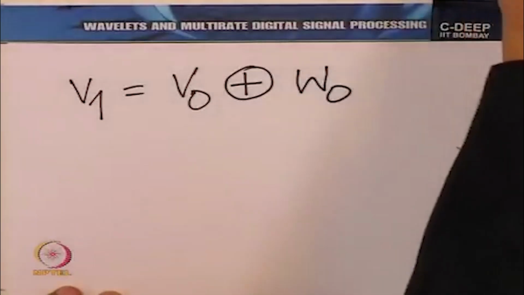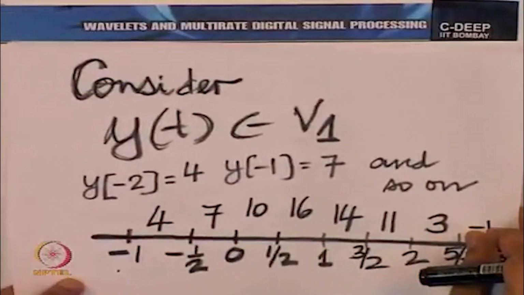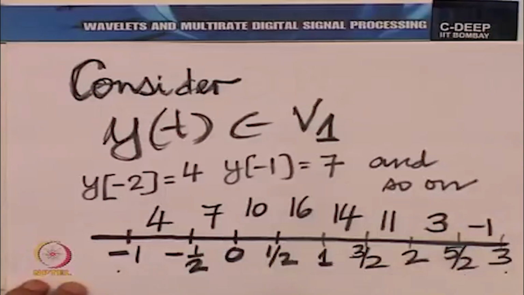So, for example, if we go back to this function which we were discussing a couple of minutes before, what we would now need to do is to take each standard unit interval. So, for example, the interval minus 1 to 0, and then the interval 0 to 1, 1 to 2, 2 to 3, and in each of them we need to put down how the projection on V0 would look and how the projection on W0 would look.